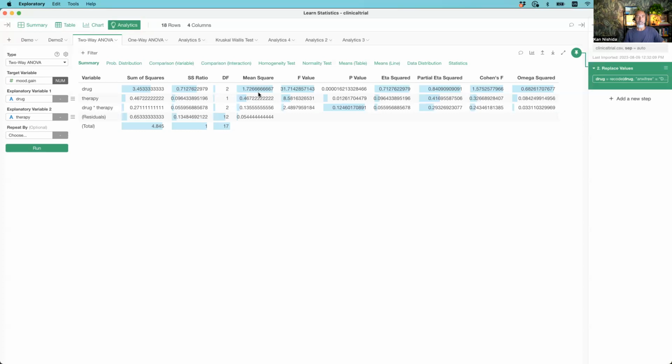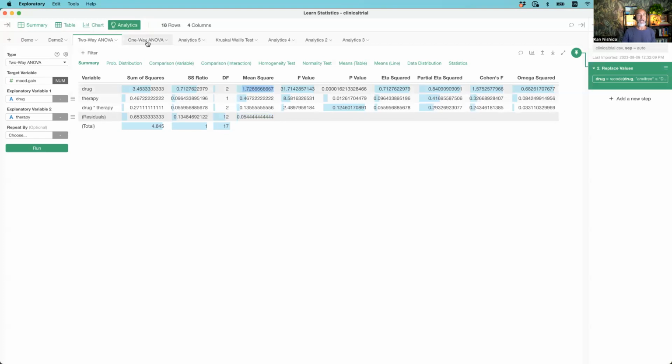Then with this variance, you want to calculate the ratio. For example, for the drug, you use the residual, the unexplained variance, to divide the drug variable.